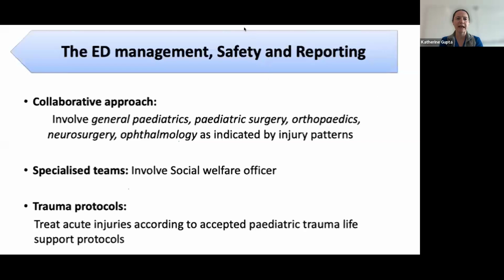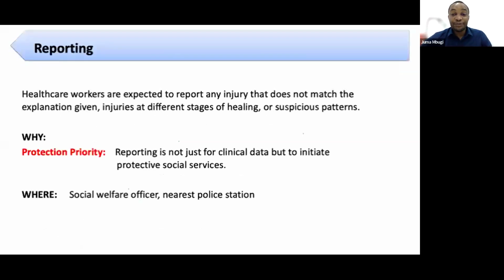Juma, I don't know if you have more to add from the specific Tanzania perspective on what to think about with ED management and reporting. Yeah, I was going to also ask that, because we happen maybe not to have a mandatory reporting system of child physical abuse in Tanzania.